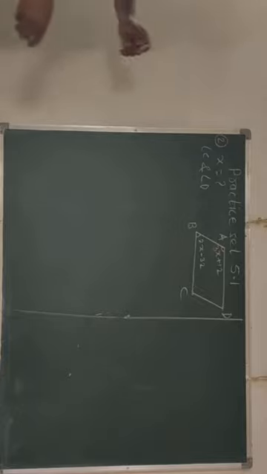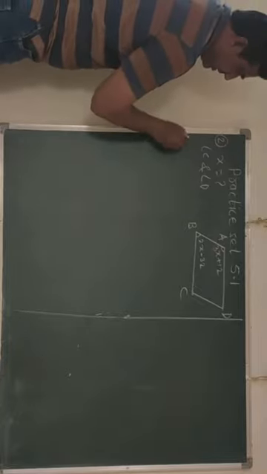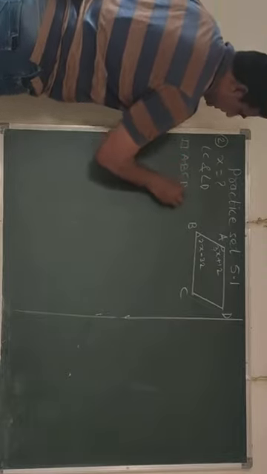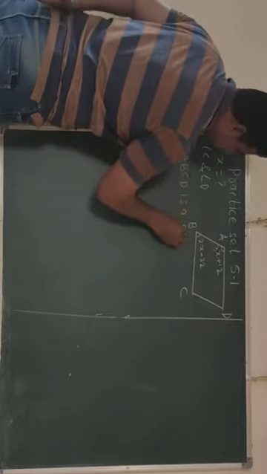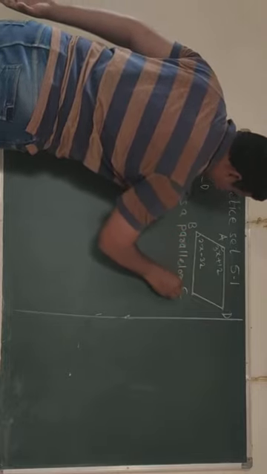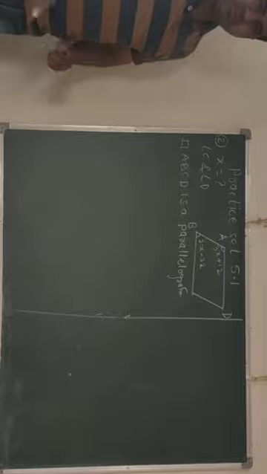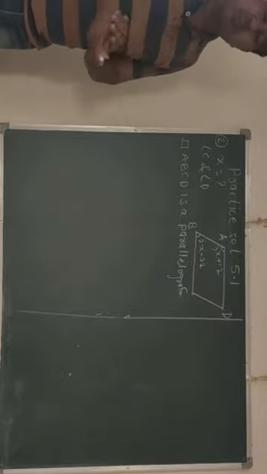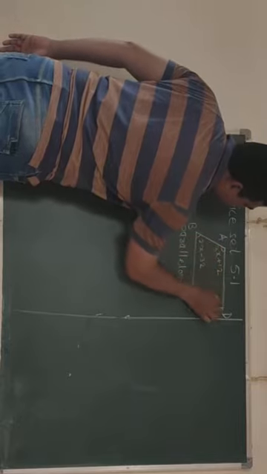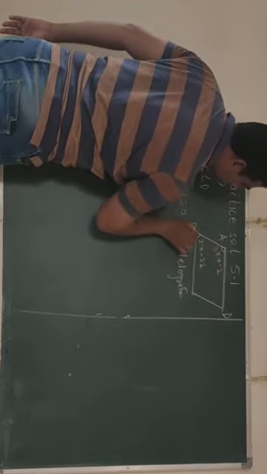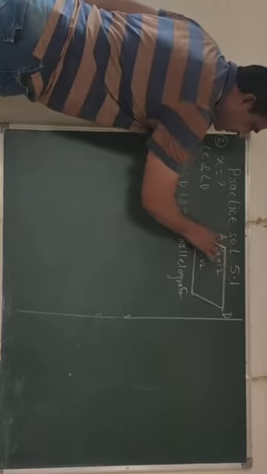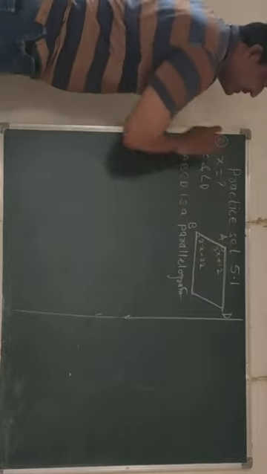So here, solution: quadrilateral ABCD is a parallelogram. As it is a parallelogram, obviously its opposite sides are parallel. So if we consider these parallel sides, this one and this one, what about this AB? This AB is a transversal.